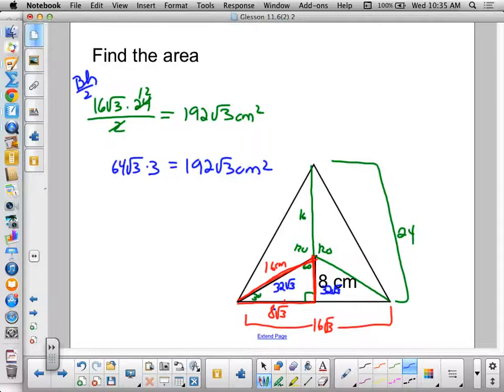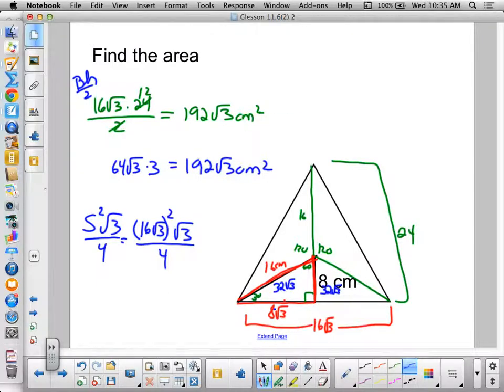Another way we could do it is I could use side squared root 3 over 4 is the area. That's the formula for area of a triangle, the 1, 2, 3, 4 we learned yesterday. The side is 16 root 3, so that's 16 root 3 squared root 3 over 4. Now, order of operations says exponents first.